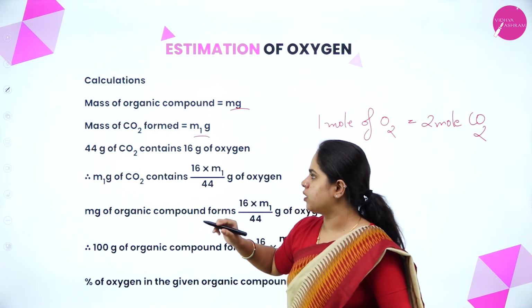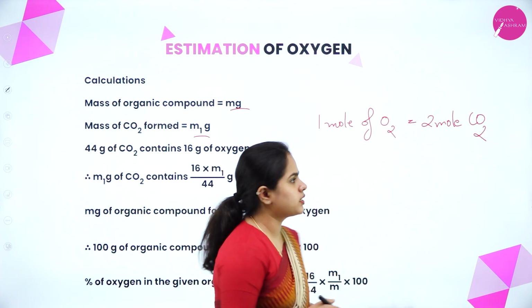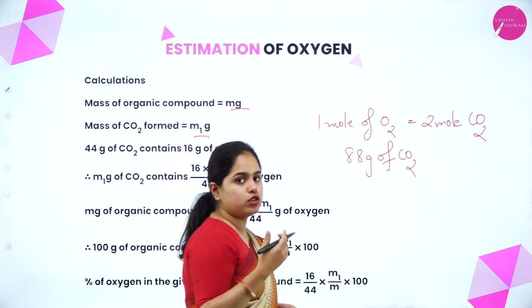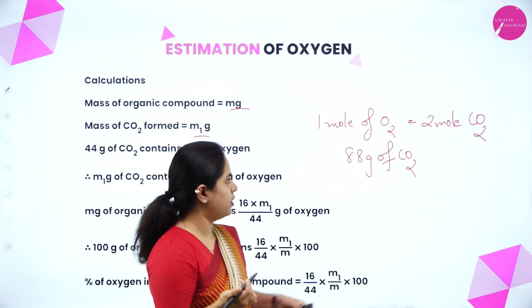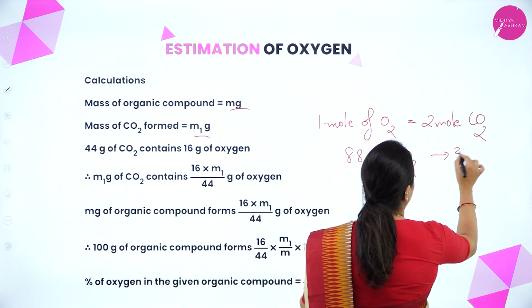So 44 gram of carbon dioxide contains 16 gram of oxygen. How this is calculated: 2 moles of carbon dioxide means 88 gram, and 88 gram of carbon dioxide will contain 32 gram of oxygen.